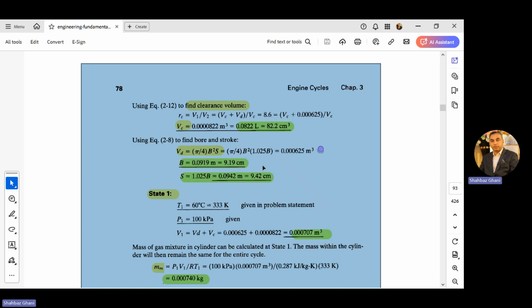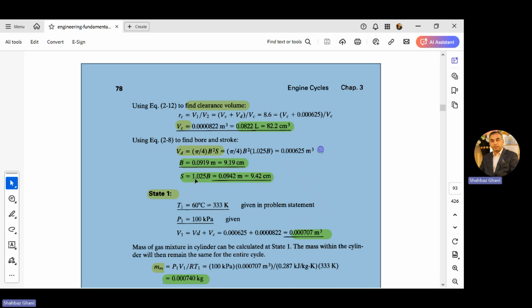Up till here, we are finding the basics. Now, VD we know for one cylinder: pi by 4 B squared S is the basic formula for the volume of that cylinder. Putting in the values, we get the bore as 0.0919 meter or 9.19 centimeter. We know the ratio.